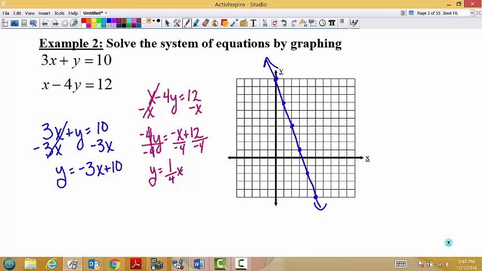And then 12 divided by -4 is -3. So I'm going to begin at -3, and I'm going to go up 1 over 4. Up 1 over 4. And what happens is these two lines cross right there. So that point is the answer. That's at the point 4, -2. And that's the answer to the system.